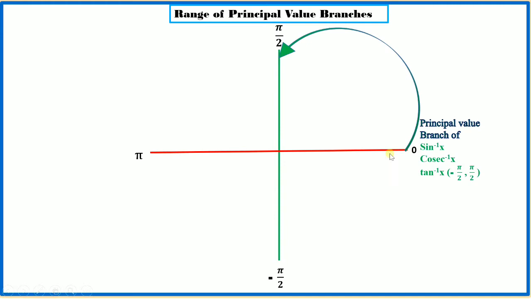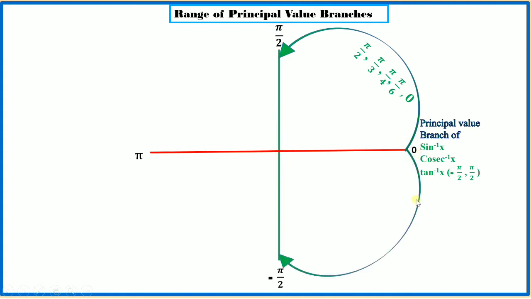So this way, from 0 to plus pi by 2, and 0 to pi by 2 means all the angles, right from 0, then 30 degree, then 45 degree, then 60 degree, and ultimately 90 degree. All things that fall into this category will be considered as angles falling in the first quadrant, that means within this loop of sine inverse x, cosec inverse x and tan inverse x.